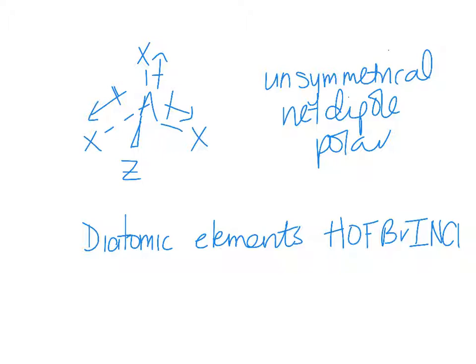Okay, so diatomic elements, difference in electronegativity is 0. Therefore, they are polar or nonpolar? Difference in electronegativity is 0, nonpolar. If you don't have dipoles, you can't be polar.